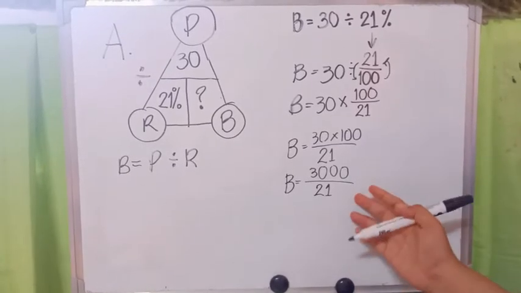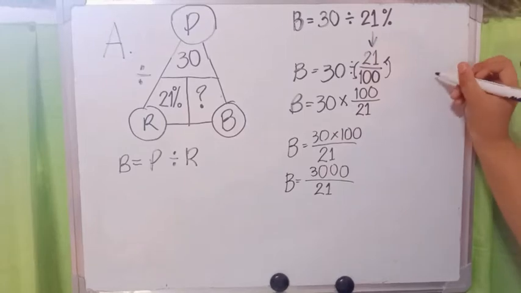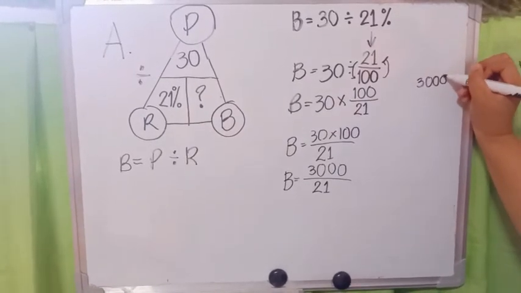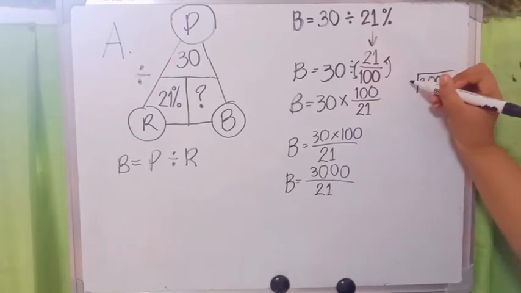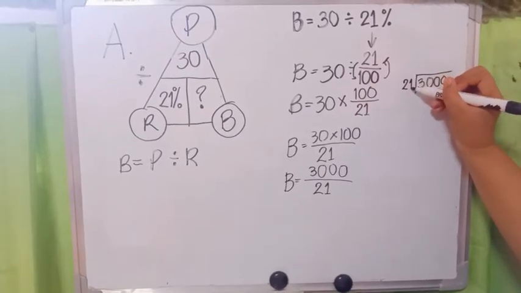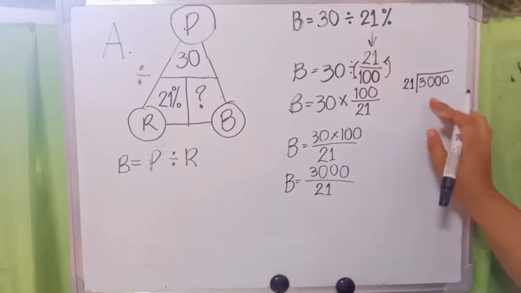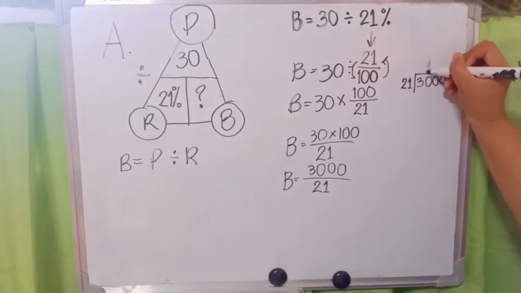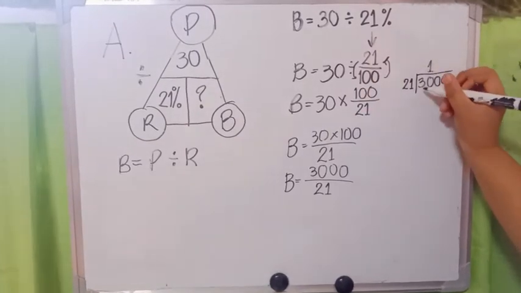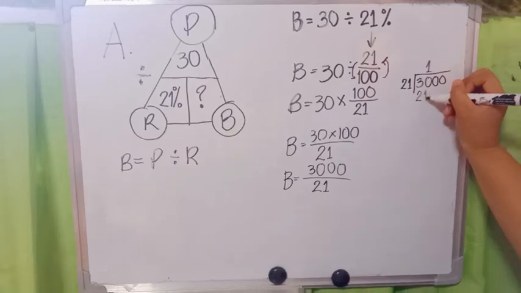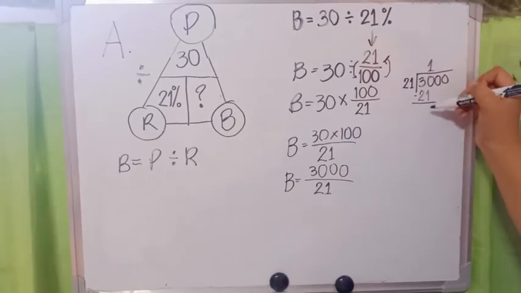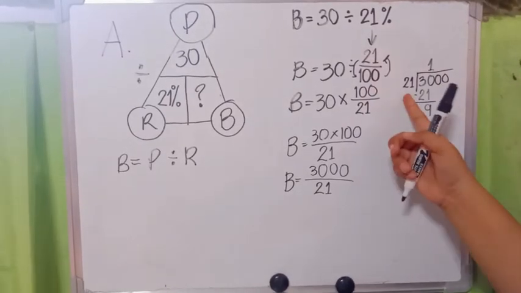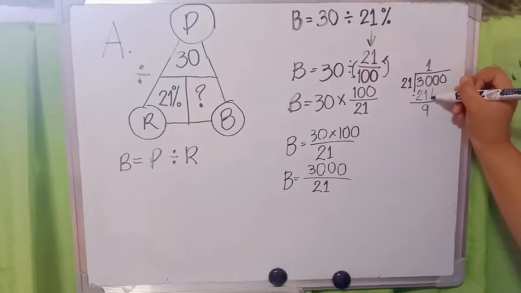As you can see, we have a big number, so we need to divide. 3,000 divided by 21. Let's start with 30 divided by 21. That is 1. 1 times 21 is 21. Subtract 30 minus 21, that is 9. 9 cannot be divided by 21, so we need to bring down 0.